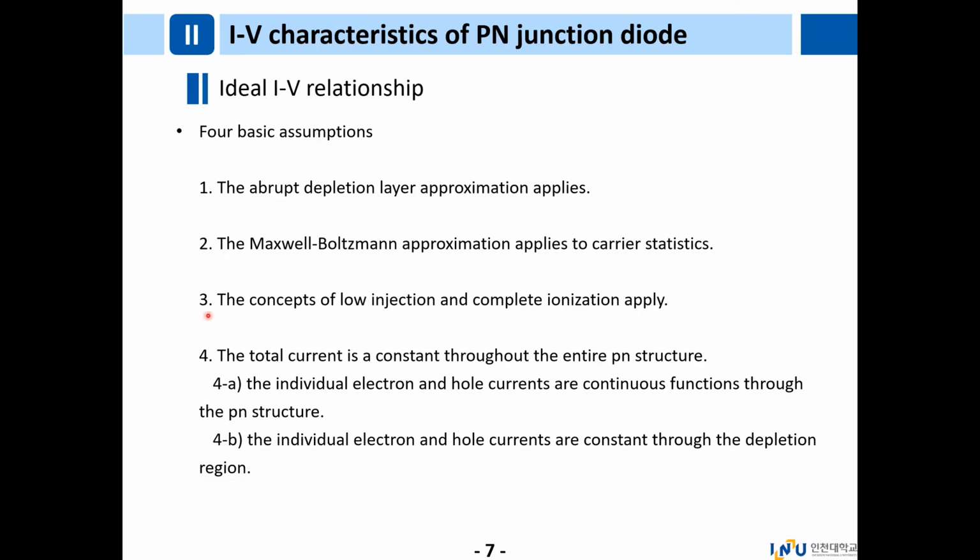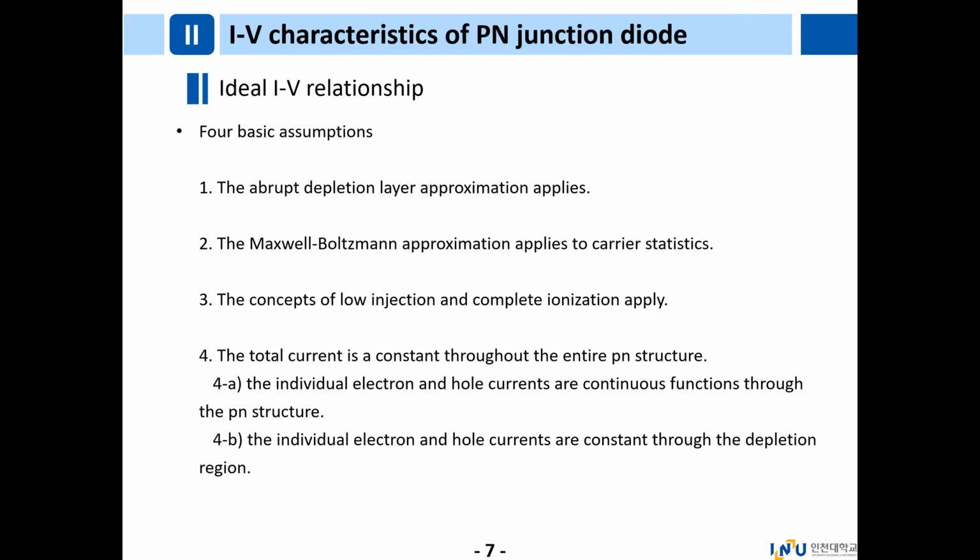Third, low-level injection. Do you remember? It means that the concentration of excess carriers is much smaller than the concentration of the majority carriers. Final one, the total current is constant over the entire region of the PN junction, and the current of each electron and hole is a continuous function and is constant throughout the depletion layer.